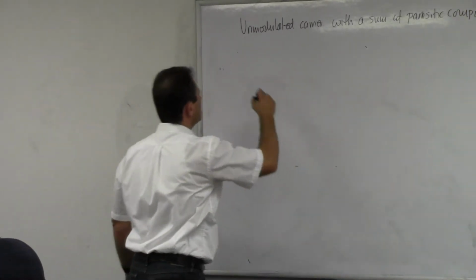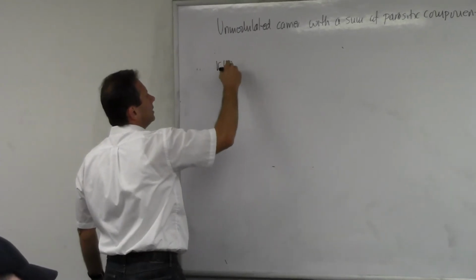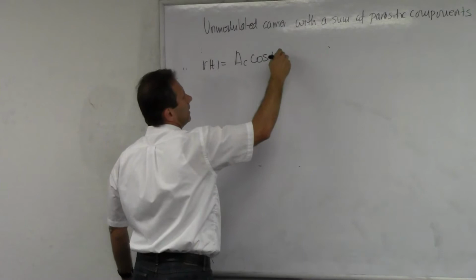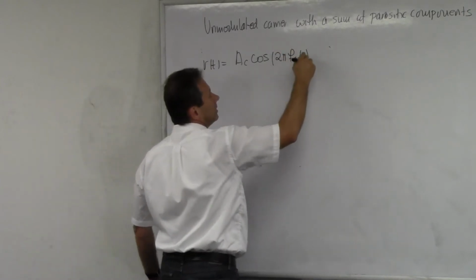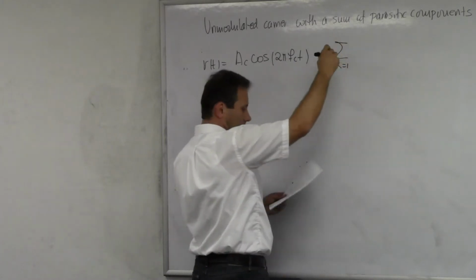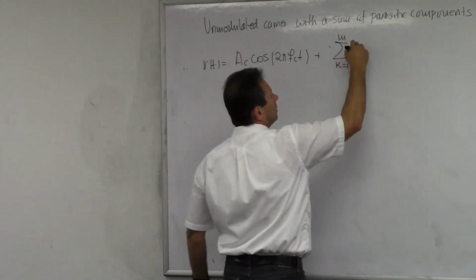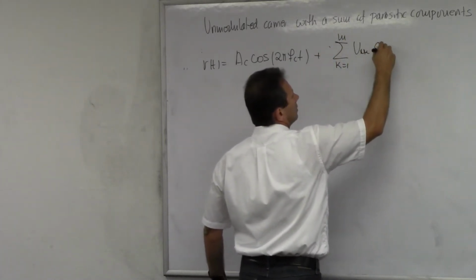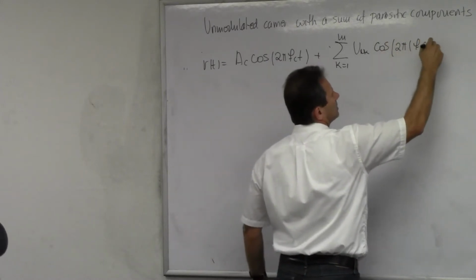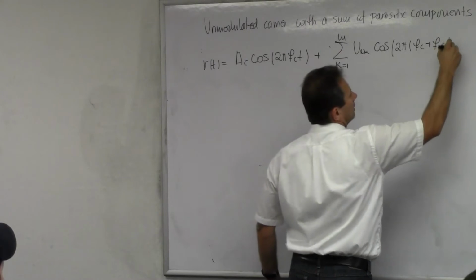So here my signal r(t) looks like this: AC cosine 2 pi fc t plus the sum, where k goes from 1 through m, of UNk cosine 2 pi (fc plus fnk) t.